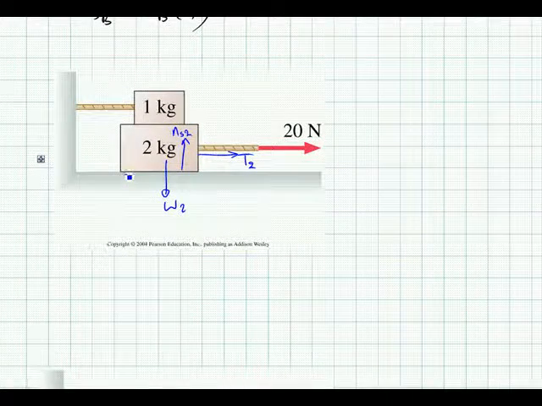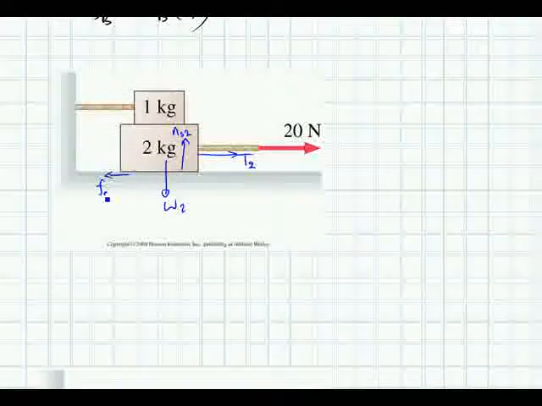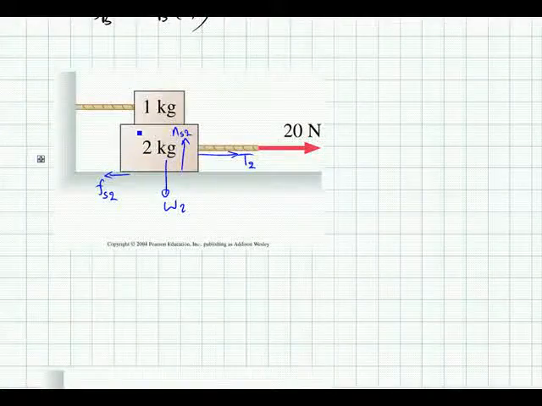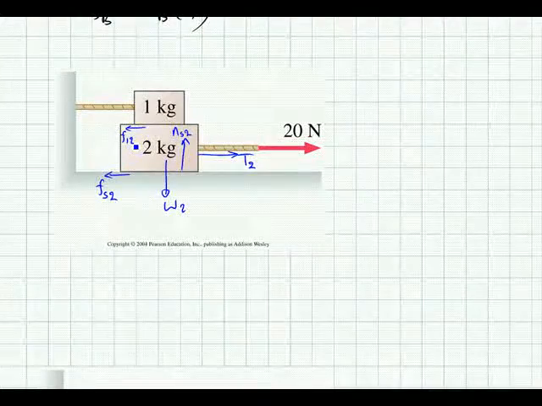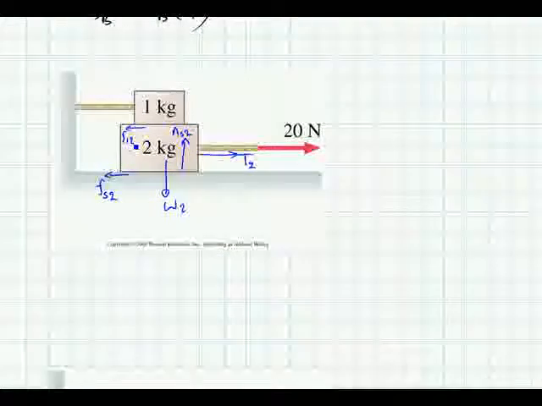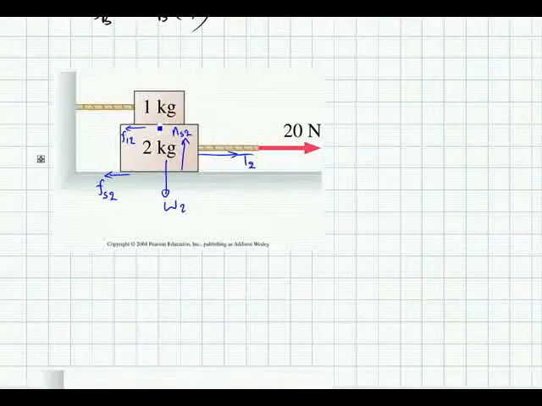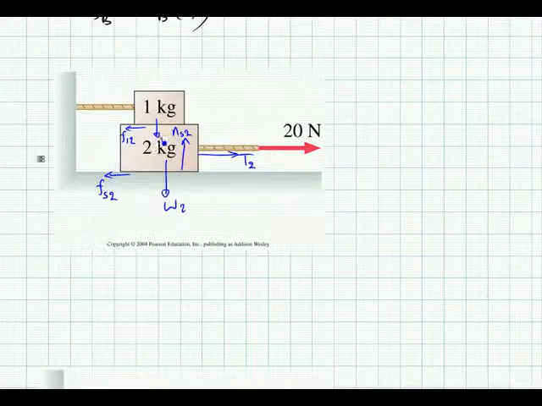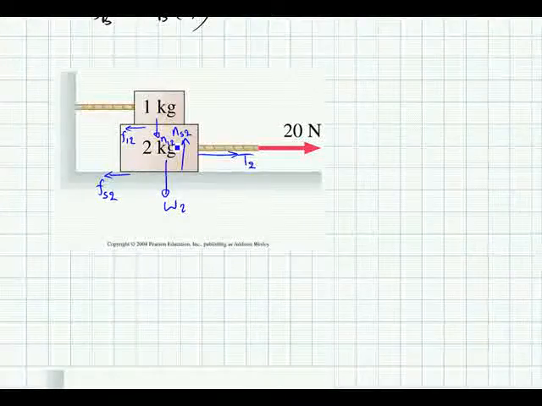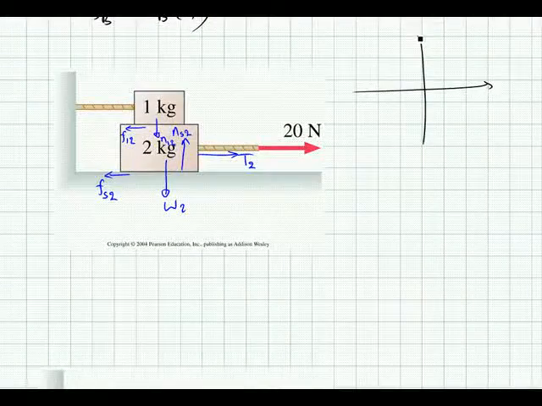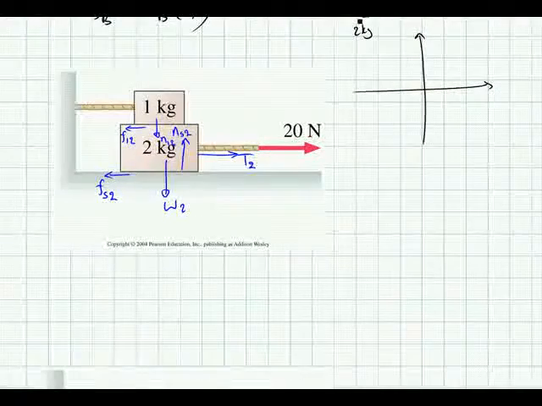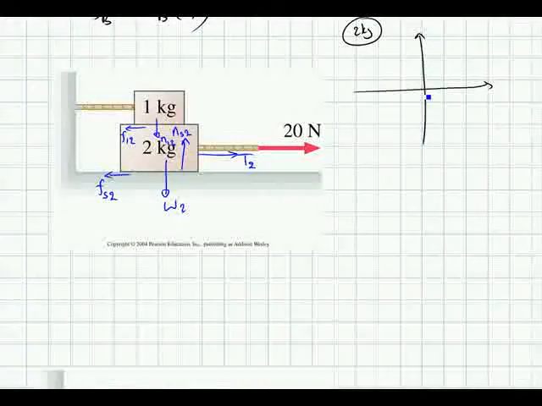So if you assume there's a friction force of the surface on 2 this way. There's also, of course, a friction force from 1 on 2 from the top surface, and because objects 1 and 2 are in contact, there's also a normal force from 1 on 2. Okay, so our free body diagram for the 2 kilogram object would look like this.